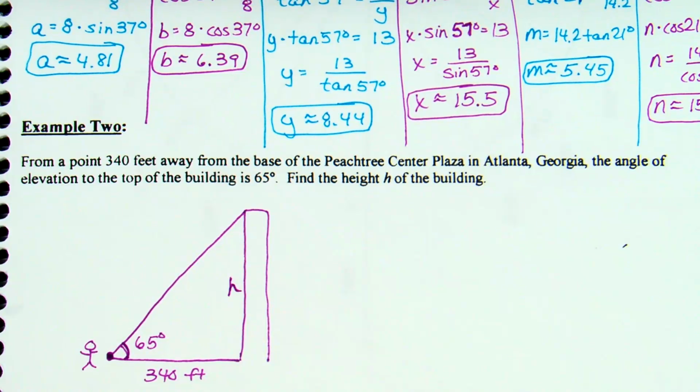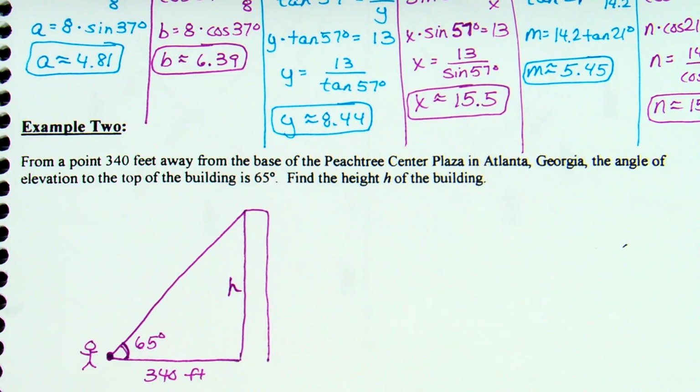What do we do? What do we set up? Tangent of 65? You really only have one option here. We could argue two options, right? Daryl's going to do cotangent. We could do that. But tangent or cotangent are your only options. My preference is going to be tangent.